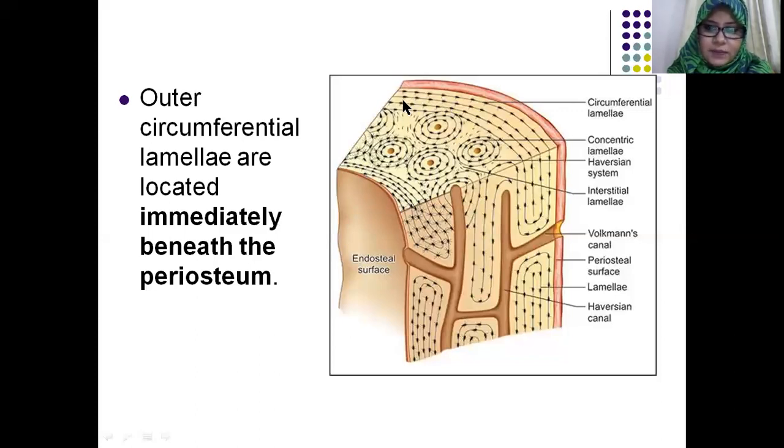We can see these circumferential lamellae, outer or inner. These do not surround the Haversian canal like these concentric lamellae.